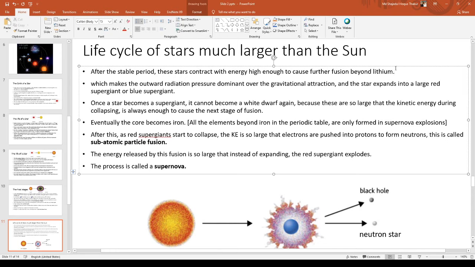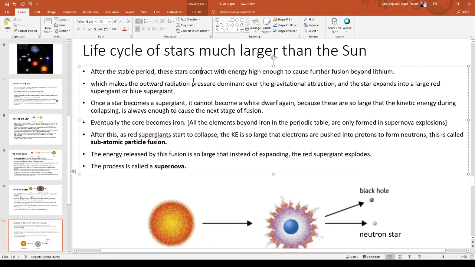Normal stars, average stars, could not cause the fusion of lithium because the fusion of lithium required such high temperature and pressure, and that did not occur in those stars, but in the stars that are much more massive it does.